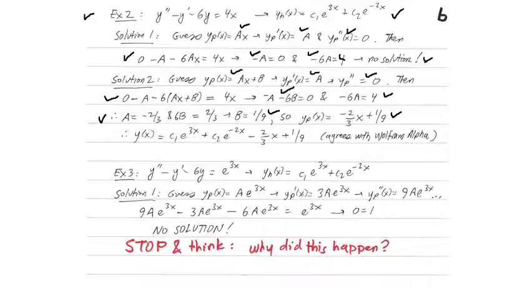So our general solution would be this here. The homogeneous part here is the same as before, plus the particular solution here, which we just found. And that agrees with Wolfram Alpha.